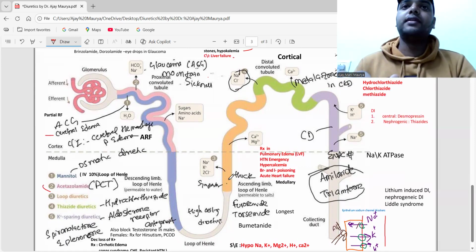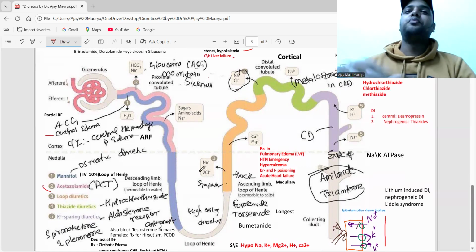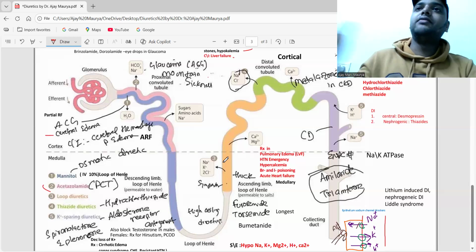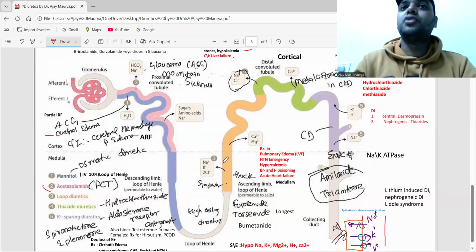This is the thicker one. It will block the sodium potassium 2-chloride symporter. If you block this one, what happens? Everything is going to be lost, so water also is going to be lost.